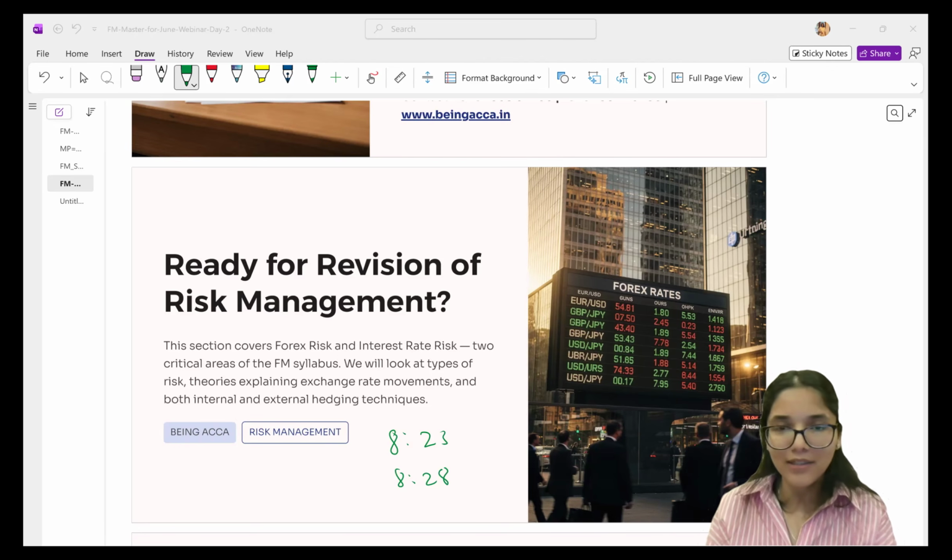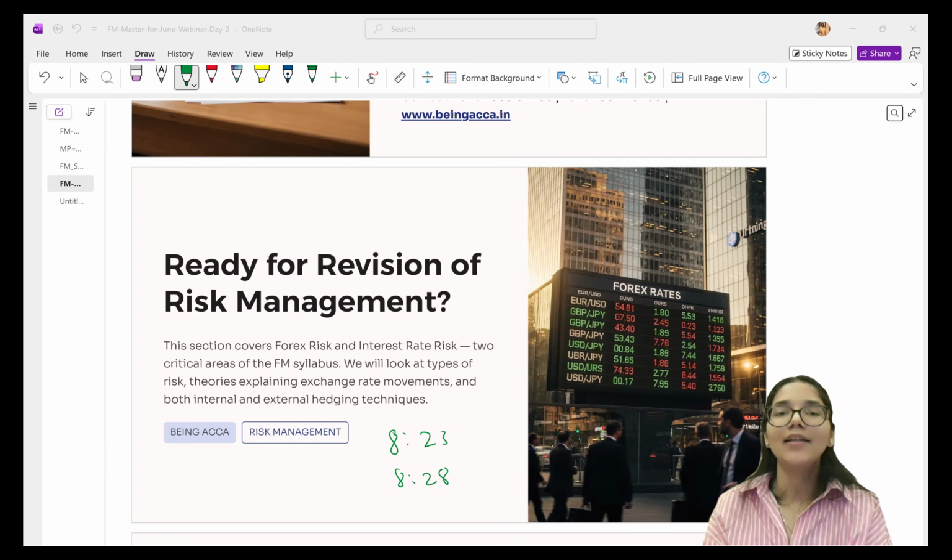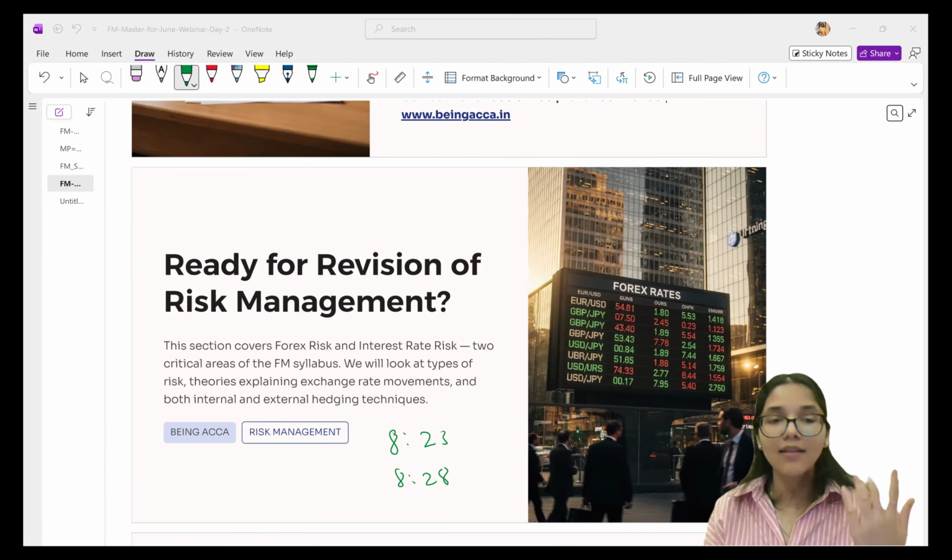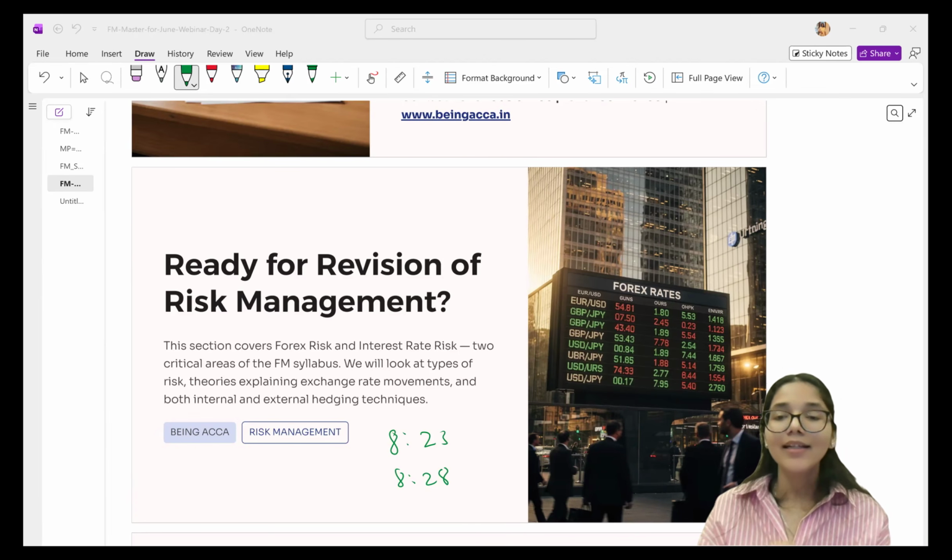So what is happening in the M&M theory without taxes is that when it comes to your KE, it is gradually increasing. When it comes to your KD, it remains exactly the same. But in another assumption, we have seen that whatever benefit that I'm getting because of the cheaper debt, that is exactly equal to the extra amount of money that I'm paying because of the increasing cost of my equity. So in one place, I'm saving some money.